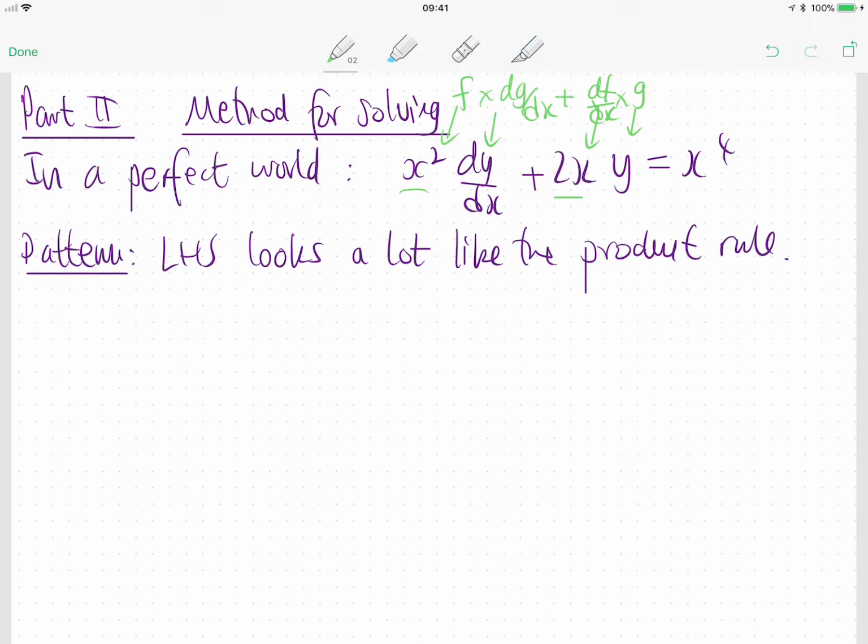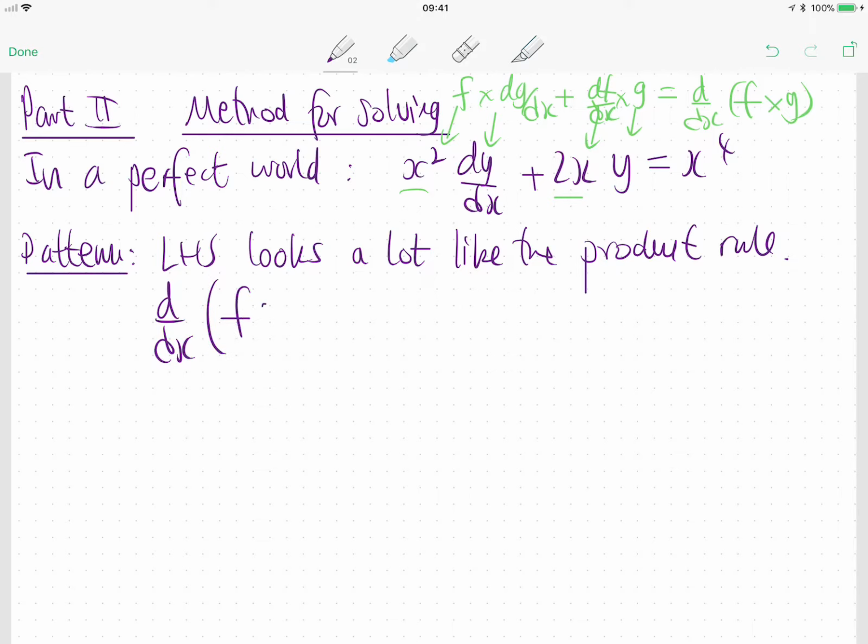So actually this left hand side looks a little bit like f times dg/dx plus df/dx times g, which of course is just the product rule for differentiation. It might sound like a simple thing at the moment, but this is really big. It's going to provide a means for us to find an answer to this problem.